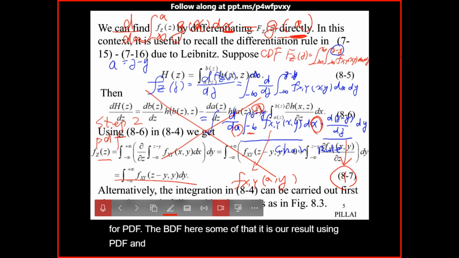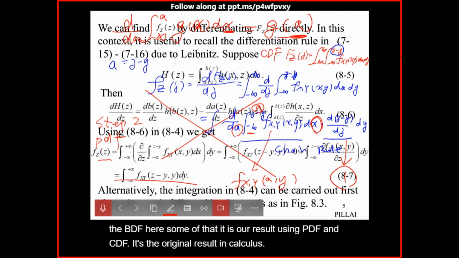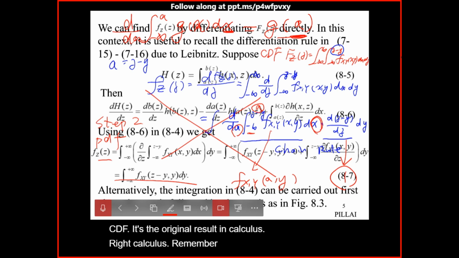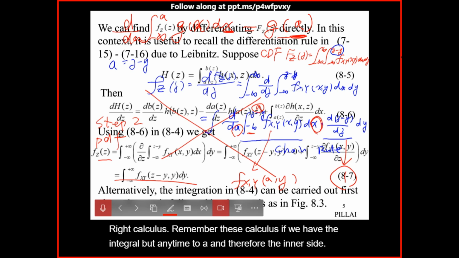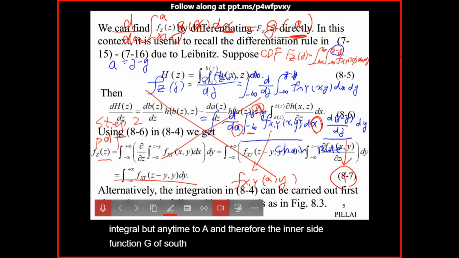It's the original result in calculus. Right? Calculus, remember this? If we have the integral from any constant, maybe right now from negative infinity to A, and for the inner side, function g of s, perform the integral with respect to s.